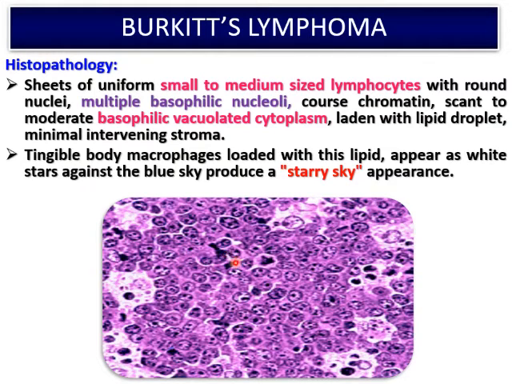But the malignant cells, the malignant small bluish cells, appear as a sky. So we describe this microscopic feature of Burkitt's lymphoma as the starry sky appearance.